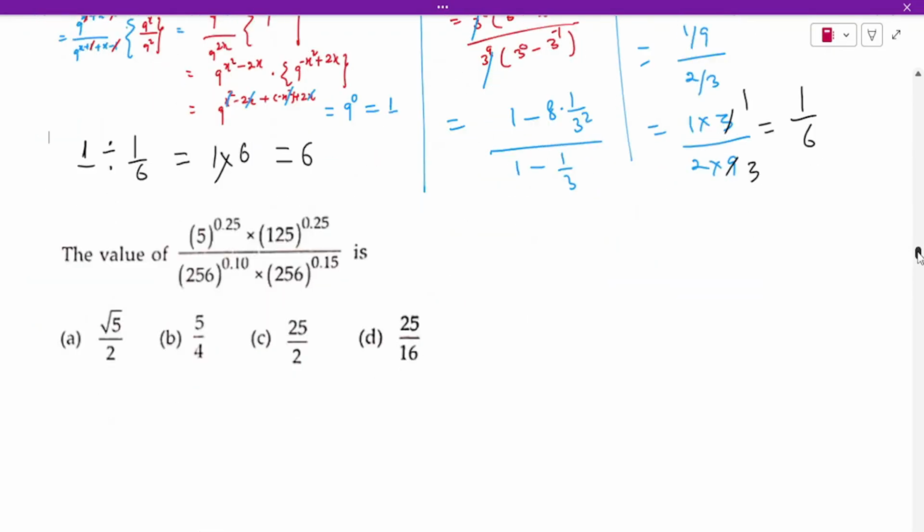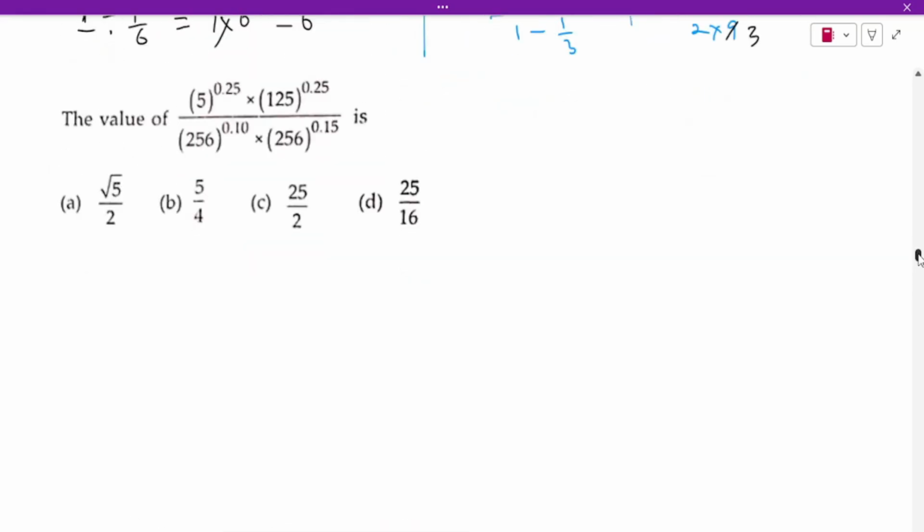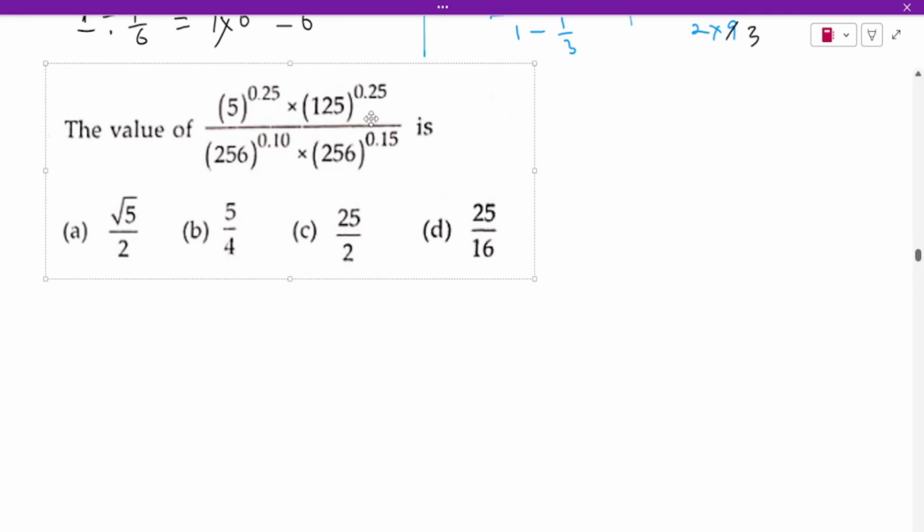Now let's look into the next question. Here we have given 5 raised to power 0.25 times 125 raised to power 0.25, over 256 to the power 0.10 times 256 raised to power 0.15.